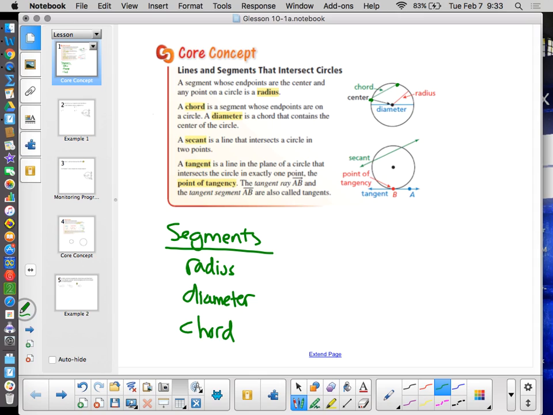And a chord is a segment, two distinct endpoints, both on the circle, but not passing through the center. So technically, a diameter is a type of chord because it has both endpoints on the circle, but a diameter is special because it passes through the center of the circle. It is the longest chord of the circle.